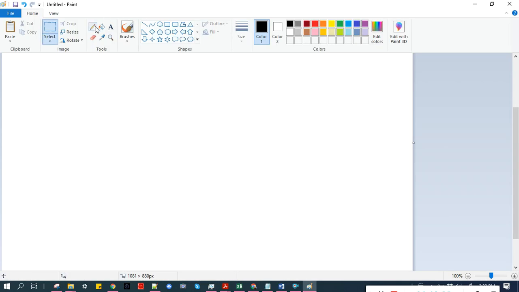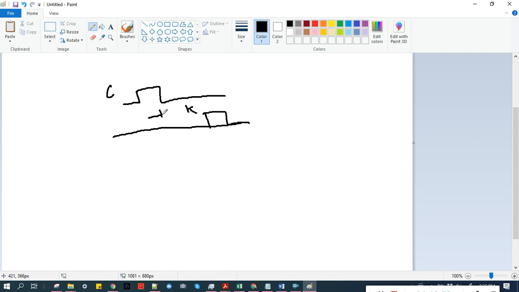For example, this is our carry, this is the value of our carry, and this is our output. Let's say we have this 2 nanoseconds delay for the output to be propagated.